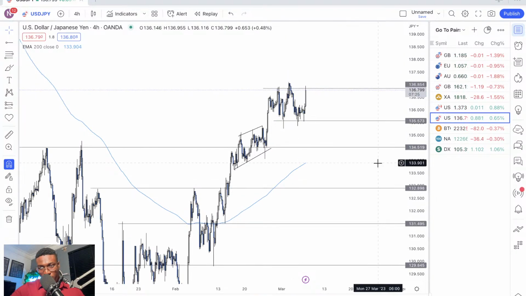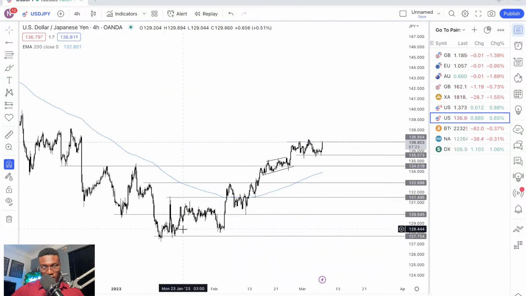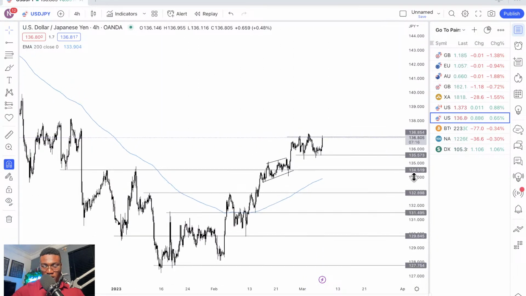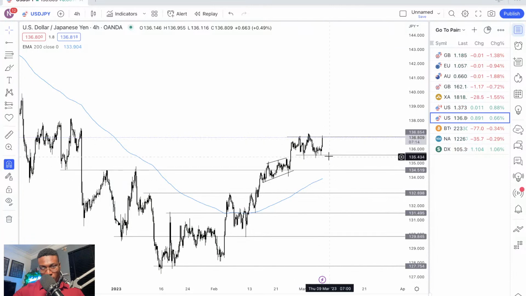Right? And I've just shown you how to identify key levels, we've mapped out these lines together. We've looked at the left-hand side and drawn these support and resistance lines. And if this market were to start pushing back down, it's also going to respect these lines as well, right?